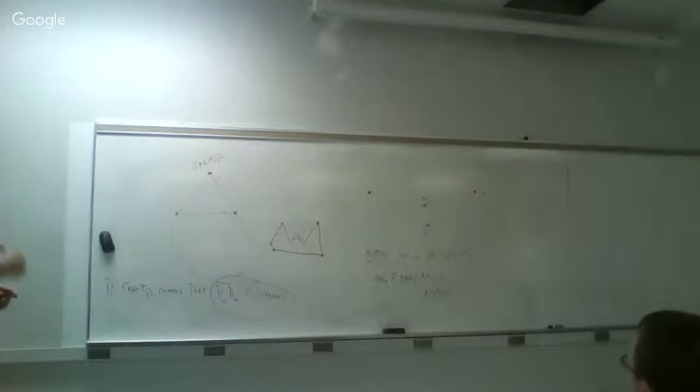So being a convex vertex is part of the deal, but the line segment between your 2 neighbors has to be a diagonal. So PI minus 1 and PI plus 1 has to be a diagonal.